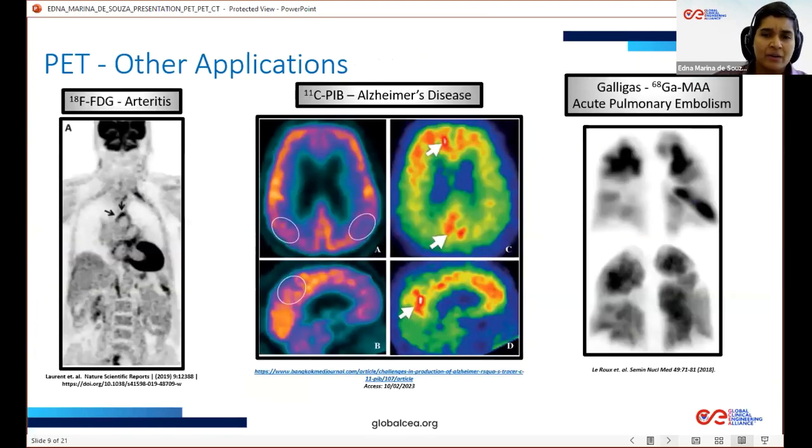And here, one more use of FDG in arteritis, and brain images of carbon-11 Pittsburgh compound B of a patient with Alzheimer's disease, and a lung study of a patient with pulmonary embolism using a gas containing gallium-68. Next, please.